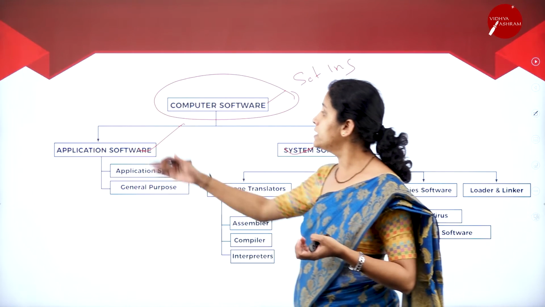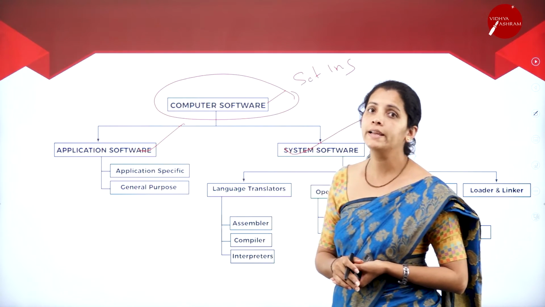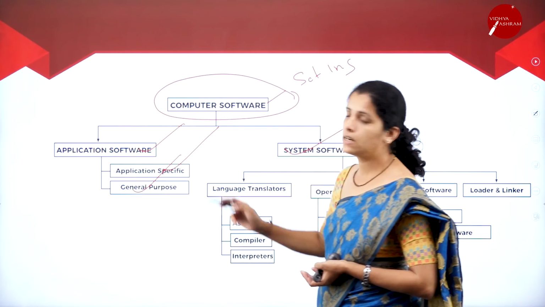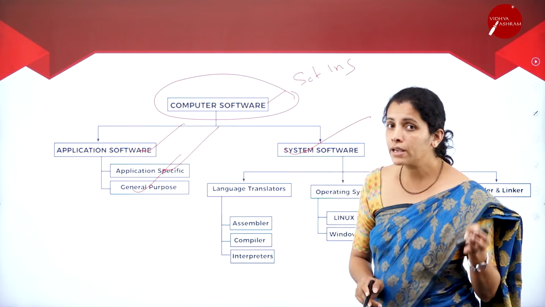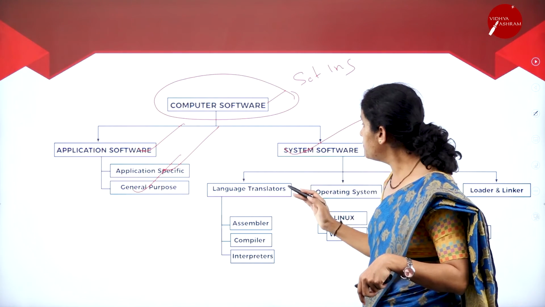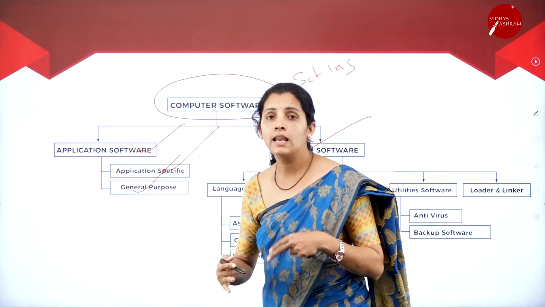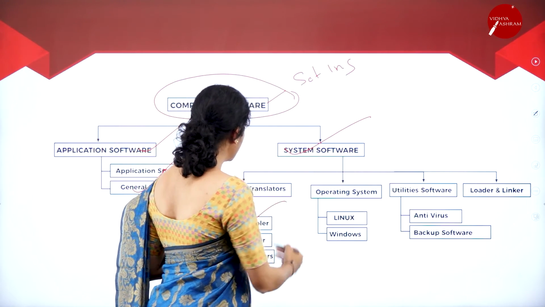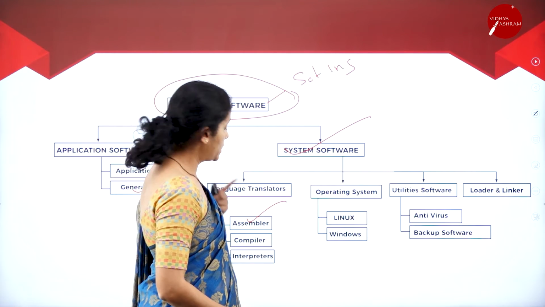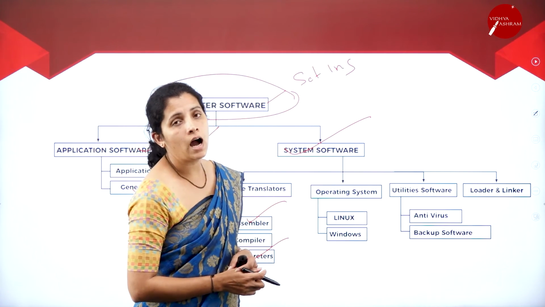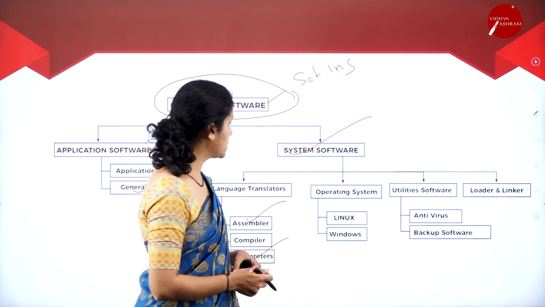Application software is further classified into two types, that is application specific and general purpose. System software is further classified into four types. Language translator: in language translator, we discussed what is assembler, what is compiler, and what is interpreter, and how they work.